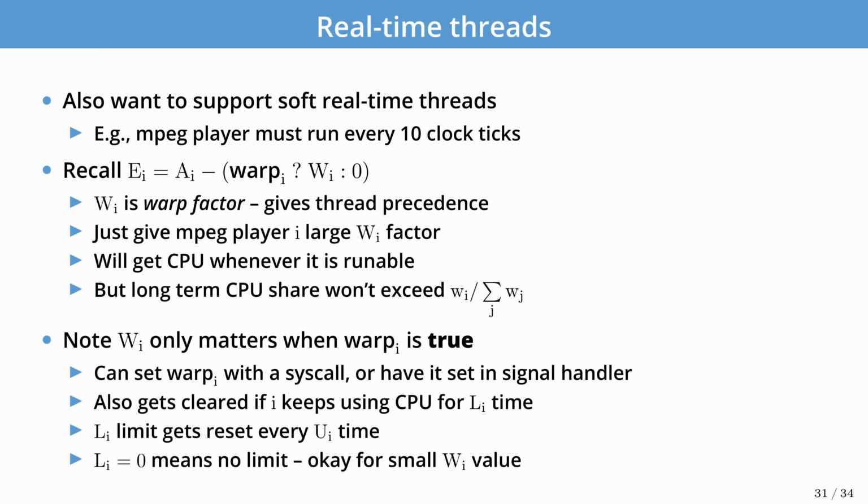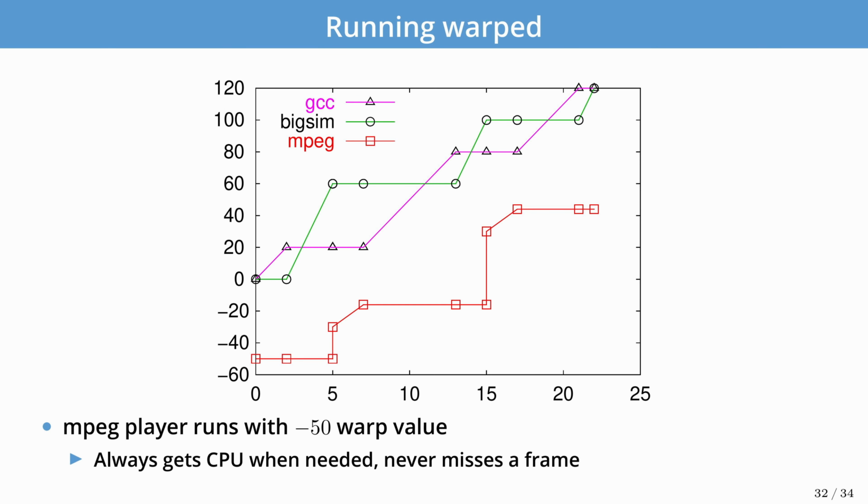If it exceeds that factor by some amount, then that task will be penalized by disabling its warp and returning it back to a normal task. Over time, that penalty will be reset.